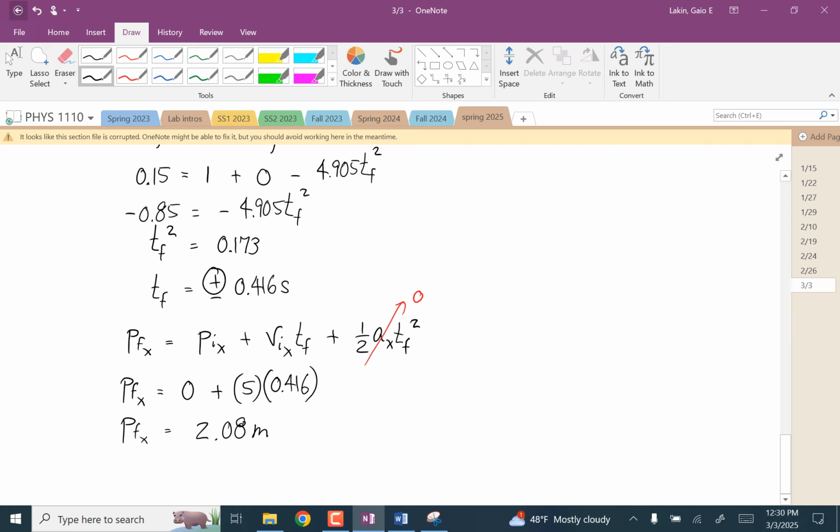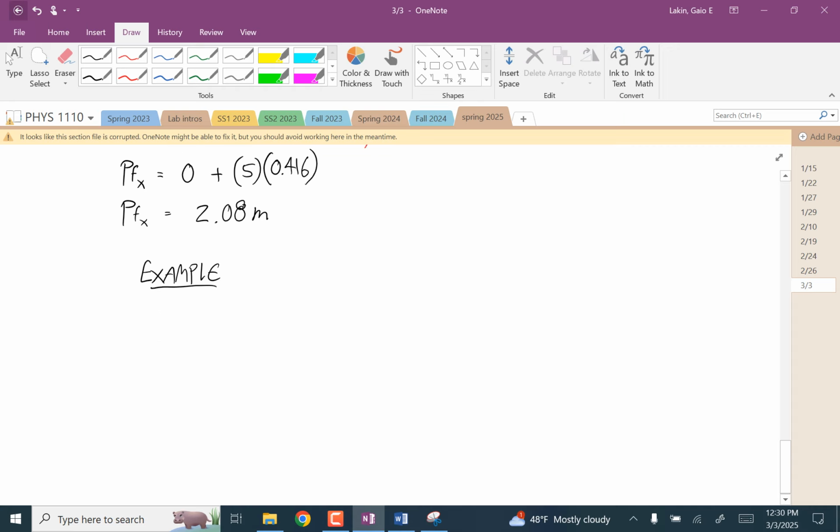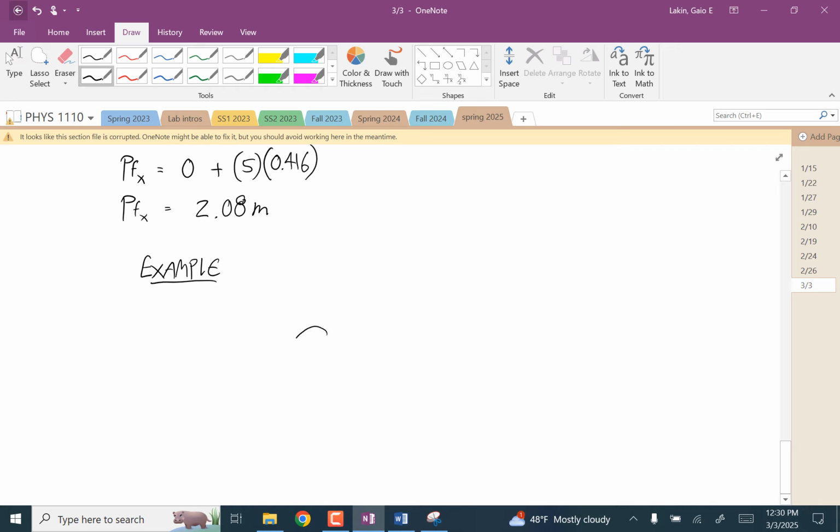Okay, let's do one more kind of similar one. Let's say that there's a helicopter and it is moving up, well, at an angle.